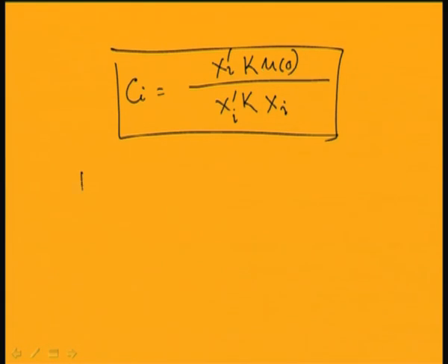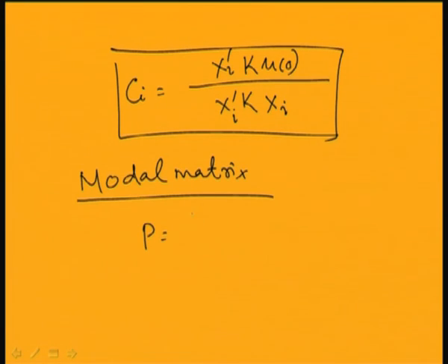So, now we know this modal matrix of the system can be written in this form. P equal to x1 x2 x3 up to xn. Let us take the case of a 3 degree of freedom system.